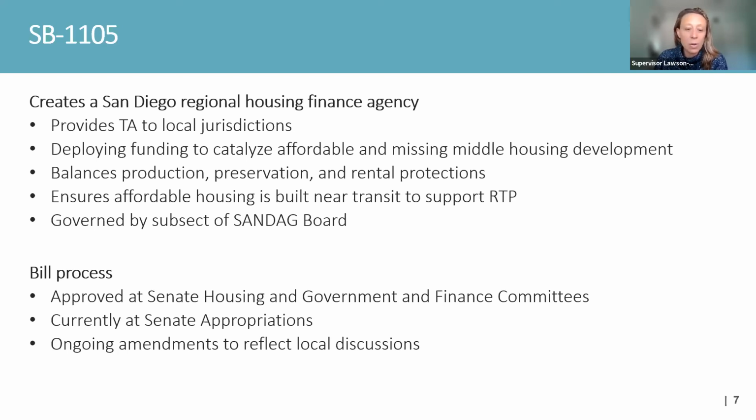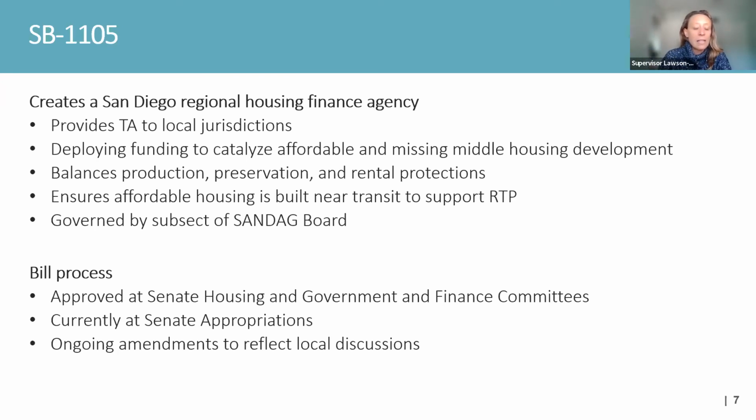And this agency would be closely aligned with SANDAG's transit efforts, so that our transit efforts and our housing efforts are hand in glove and are synergistic instead of completely disparate, which is really important, as we all know, because people have to get from their house to where they're going. So you want to make sure your transit and your housing makes sense together.